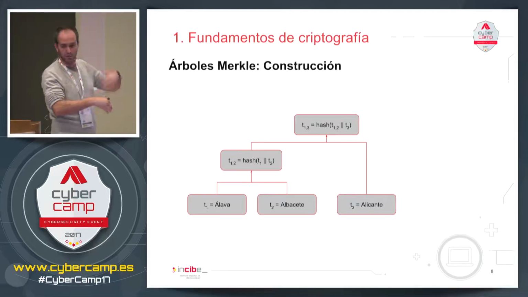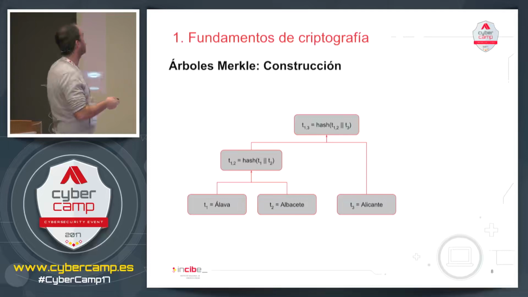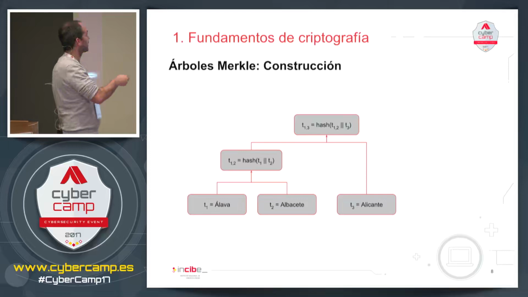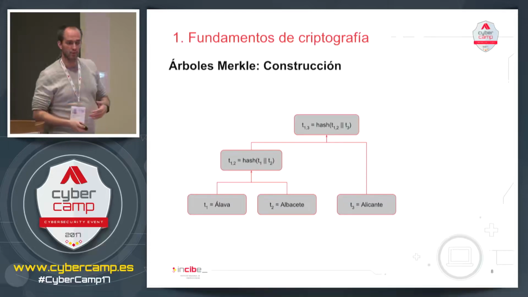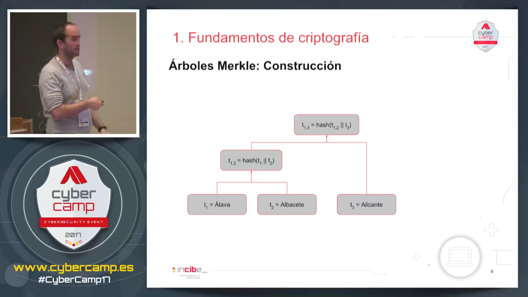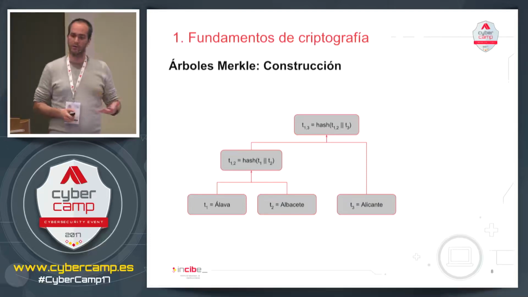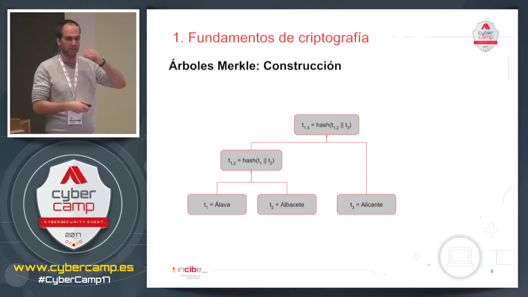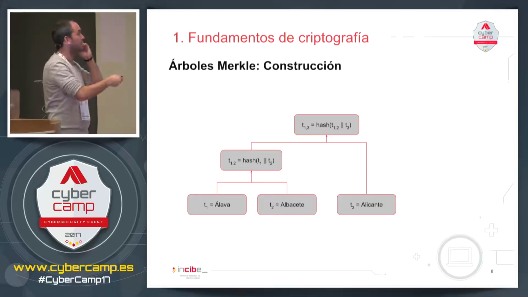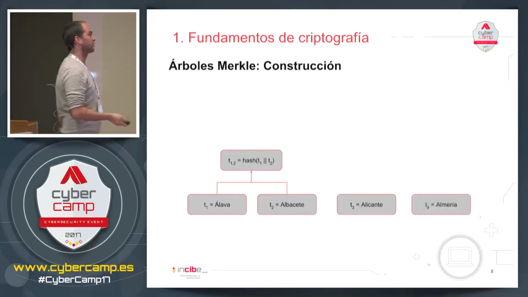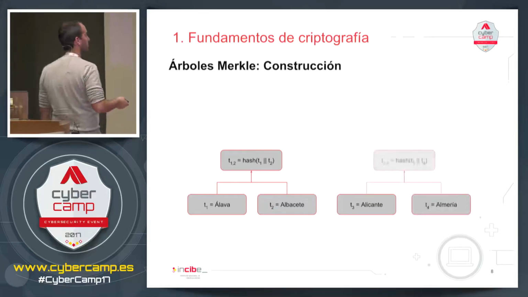So it's a new hash function. Its parameter is going to be T subscript 1 linked to T subscript 2. This is going to give me another hash value, which in this case I've called T subscript 3, T subscript 4, which is the new root for the Merkle tree, because it's the node that all the others come from.